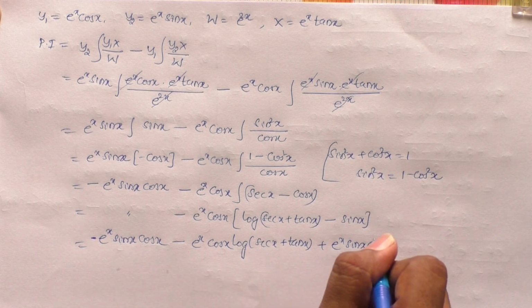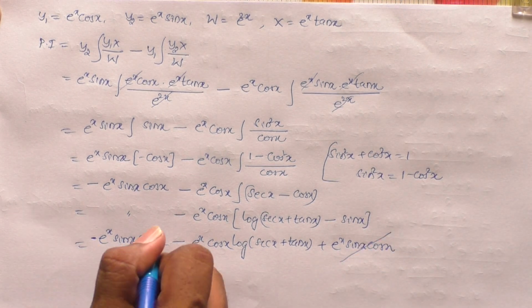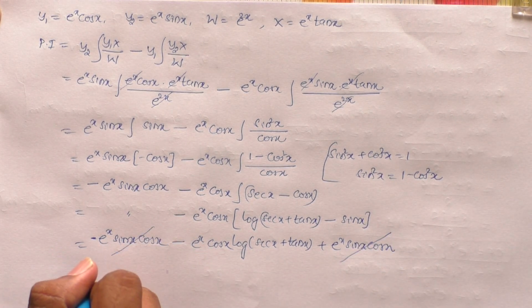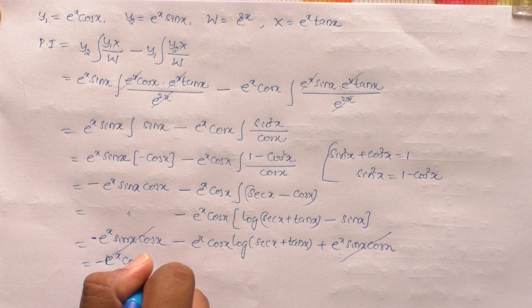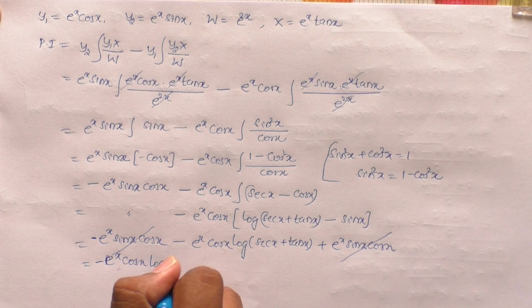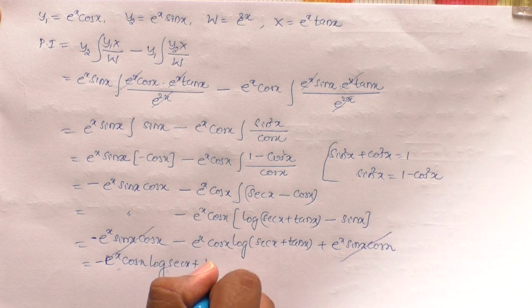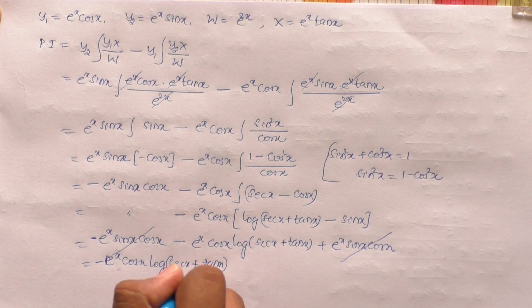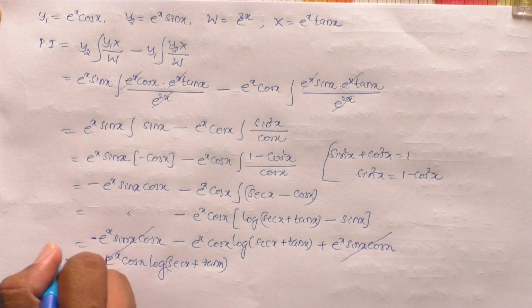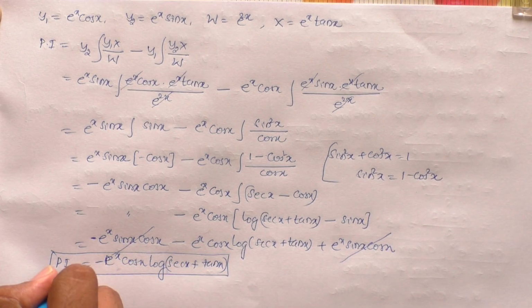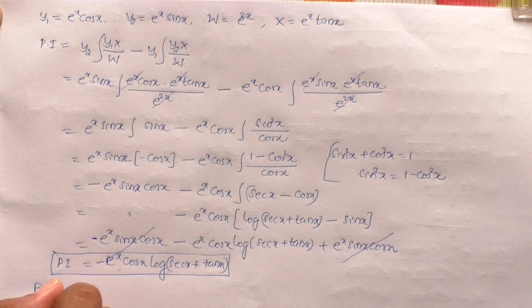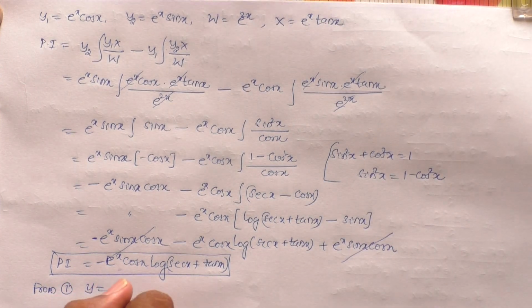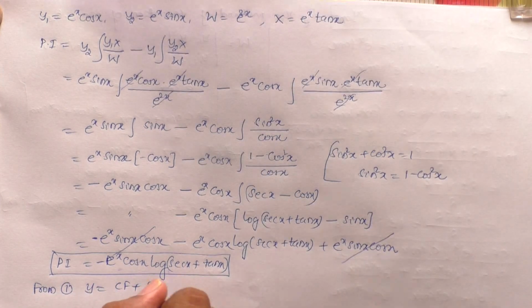So here plus e raised to x sin x cos x and minus e raised to x sin x cos x get cancelled, and the PI will be minus e raised to x cos x log of sec x plus tan x. So this is what the PI is. Once you get the PI, the final solution is y equal to CF plus PI.